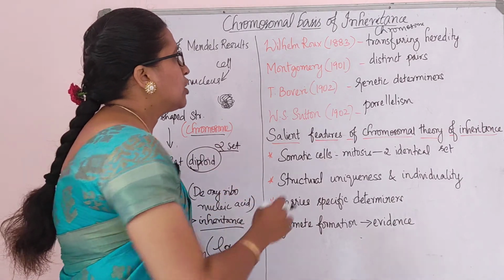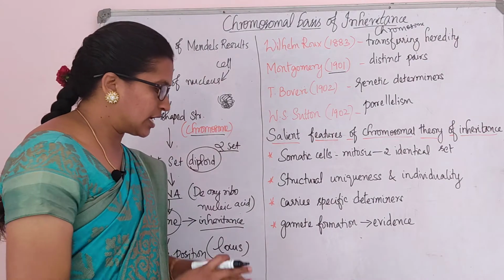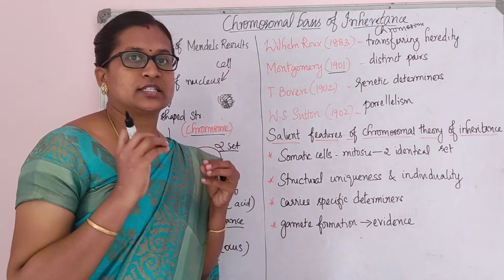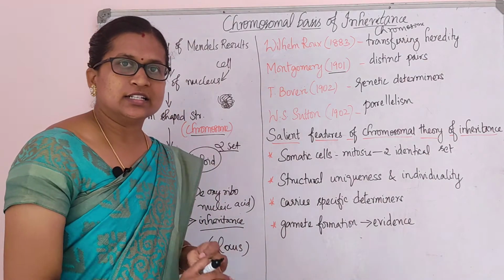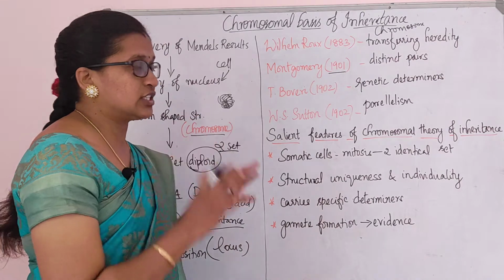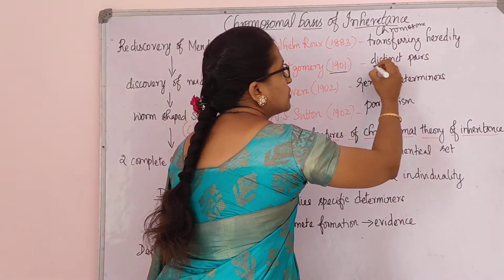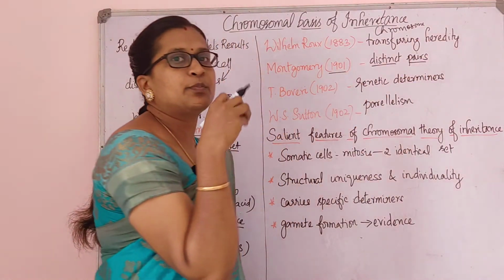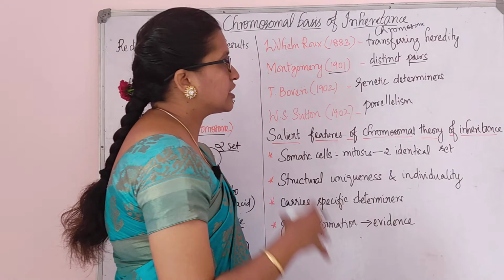Next is Montgomery in 1901. He suggested, and there is a difference between postulated, suggested, discovered and observed, that all the chromosomes have distinct pairs.